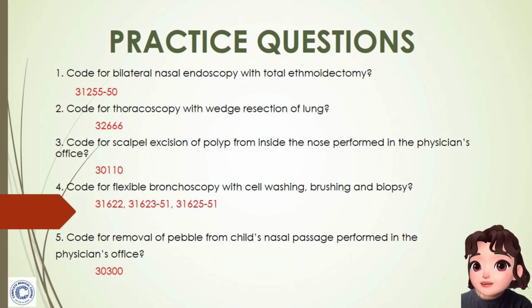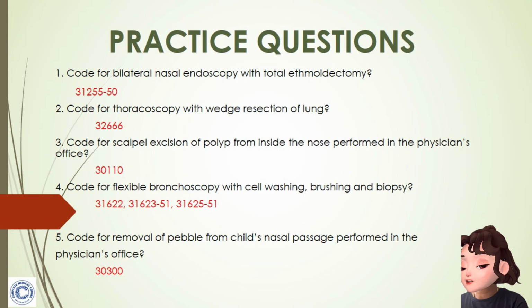Next one, code for thoracoscopy with wedge resection of lung. So we need to check for thoracoscopy. If you go to the index page and check the page for thoracoscopy, you will end up in 32650. That is thoracoscopy, surgical with pleurodesis. But our question is with the wedge resection of lung.